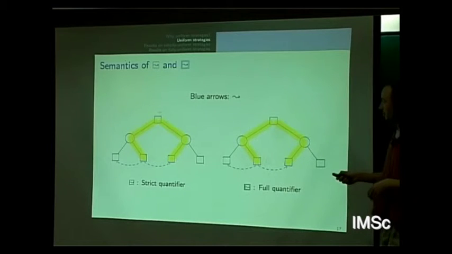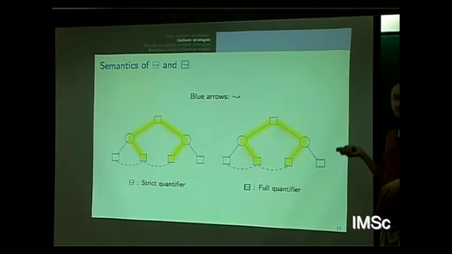So here you have the universe in black, and a strategy tree in yellow. The blue arrows represent the relation between plays. So this play is related to this one, and it's also related to this one. Notice that the relations we take are not necessarily equivalence relations in general.